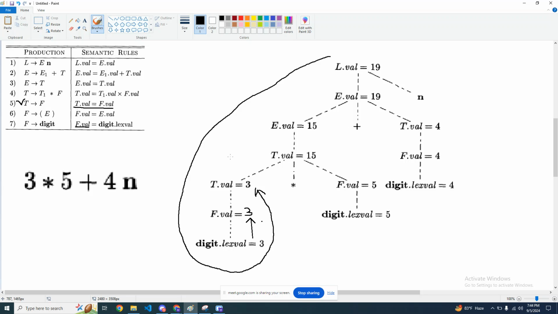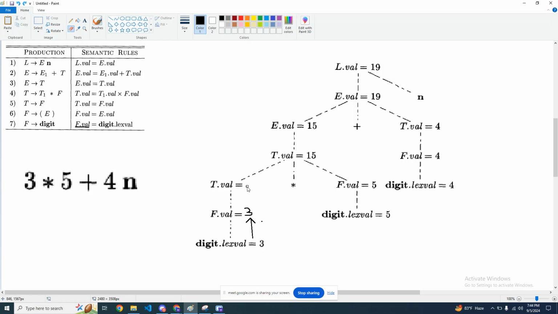So we get T dot val from F dot val. Again, we need to draw an arrow from F dot val to T dot val. We draw an arrow from here to here, and the value we get is 3.